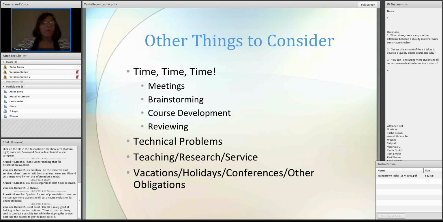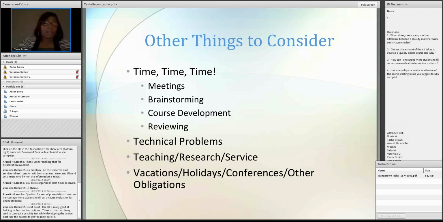You also have to devote time to the course because, as the other bullets indicate, you're going to have technical problems. You're going to have problems with your computer, or maybe with getting a video schedule, a lecture schedule, getting other things done. So you have to be cautious and mindful of those things. You also have to be mindful of your other obligations to teaching, researching and service.